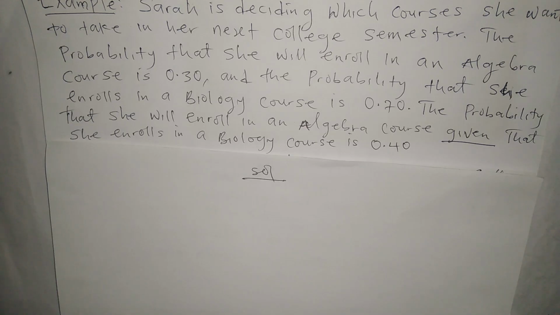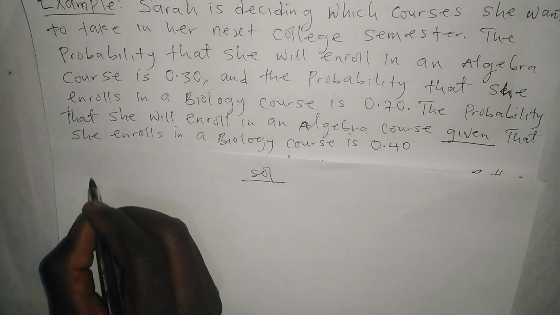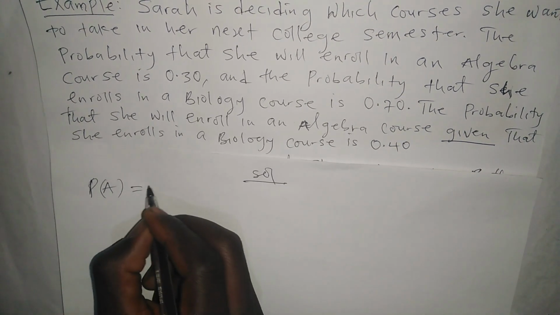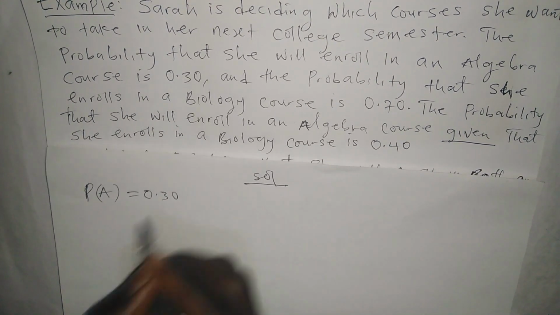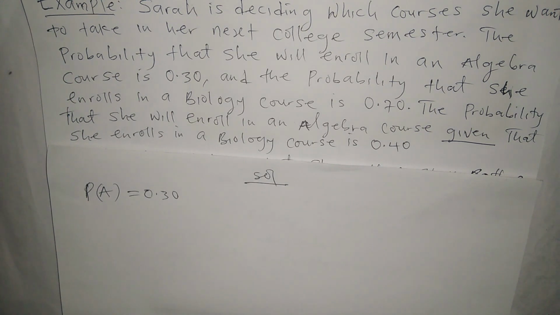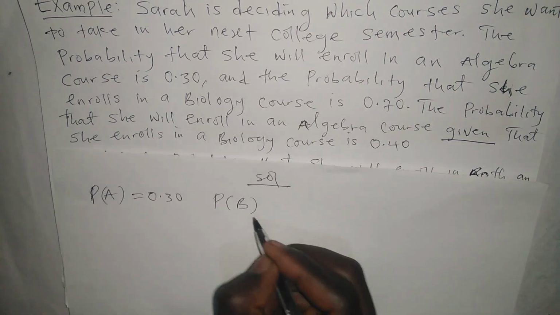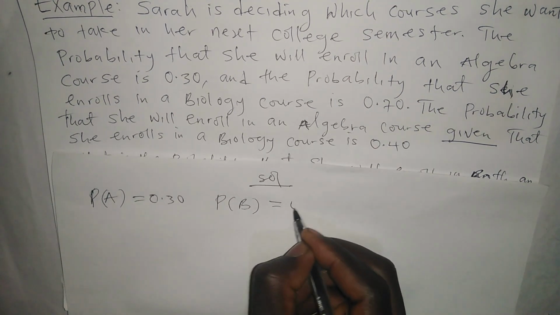Solution. Let's start by putting down the data we have from the question. The probability that she selects an algebra course is P(A). Let's use A for algebra. P(A) is equal to 0.3. The probability that she enrolls in a biology course, let's use B for biology, P(B) is equal to 0.7.